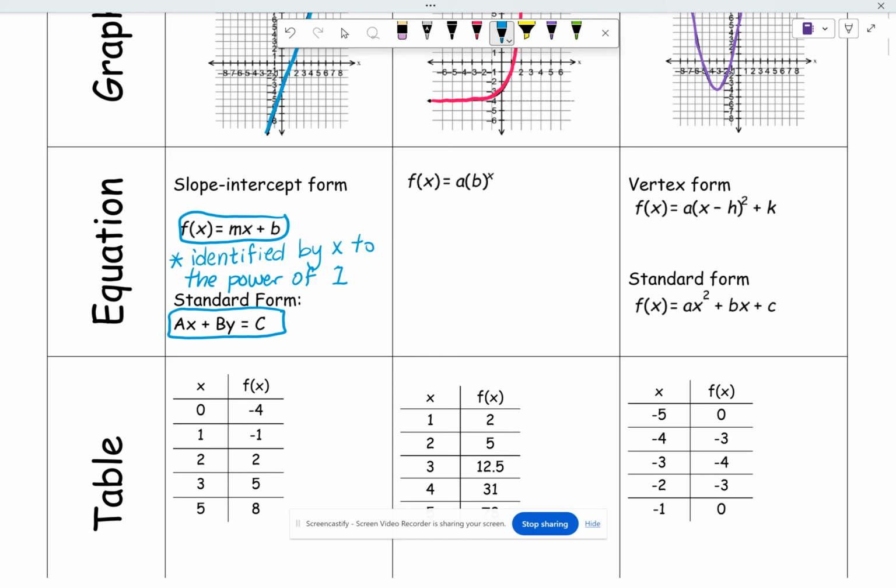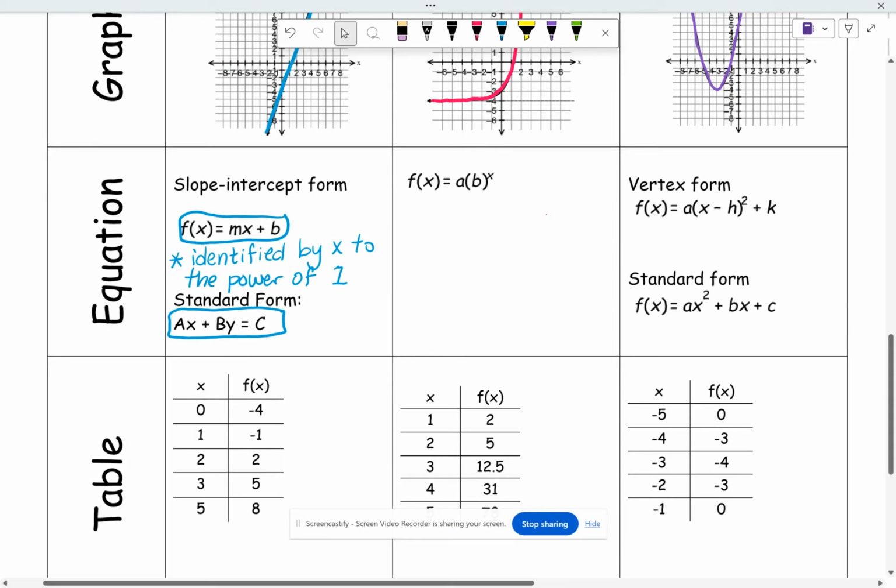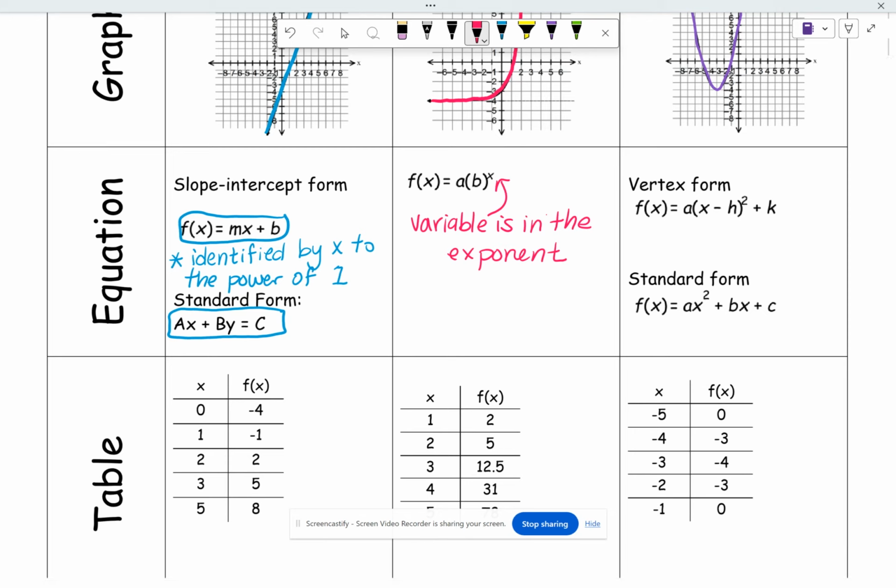All right, so identifying an exponential equation. The variable is in the exponent spot, in the exponent position.